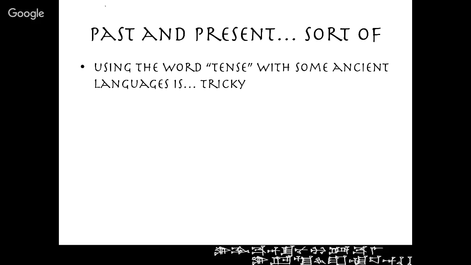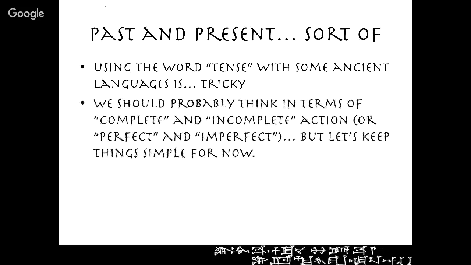We're not going to bother with that. This is an introduction to Sumerian, so we're going to keep things very simple, but so that you're aware of it. Using the word tense with some of these ancient languages is tricky, right? Really, what we probably should be thinking in terms of is complete or incomplete action.